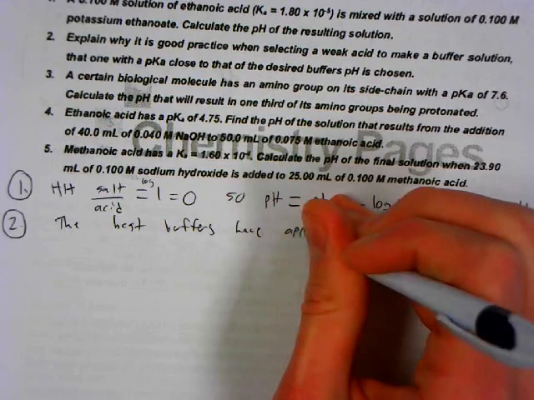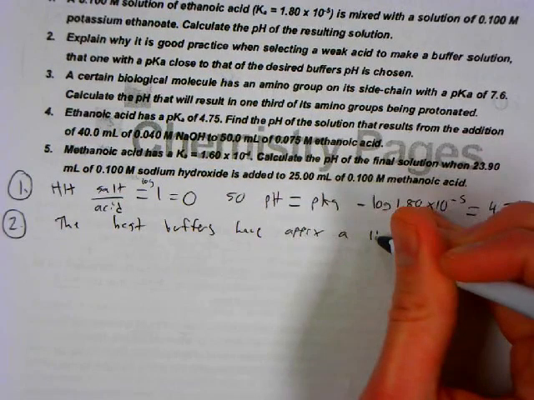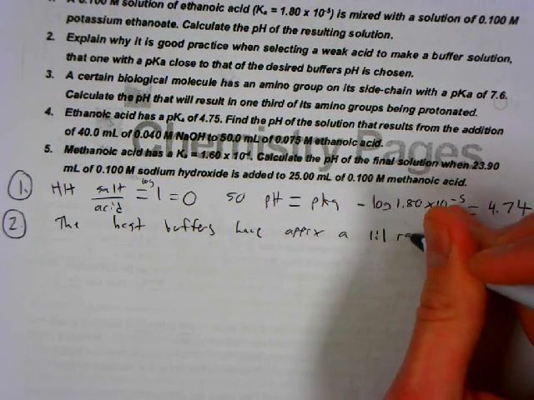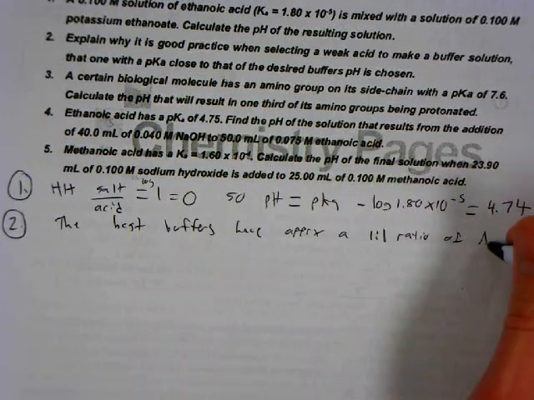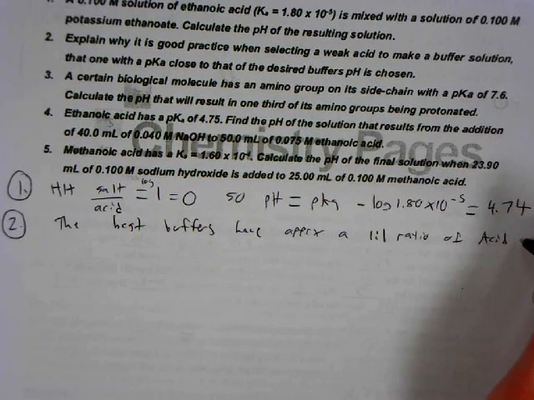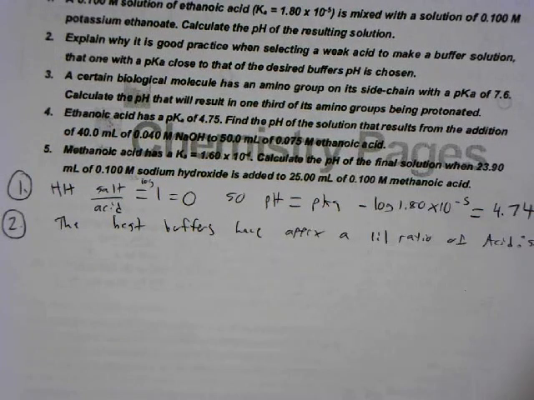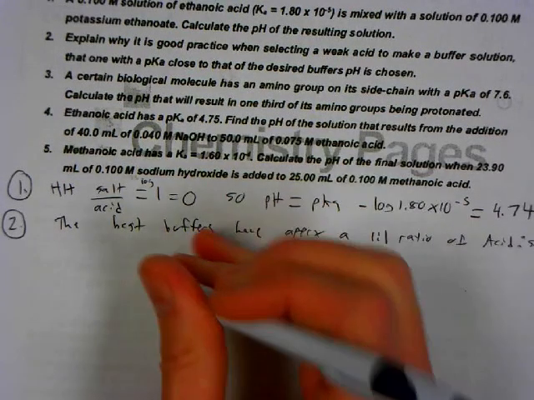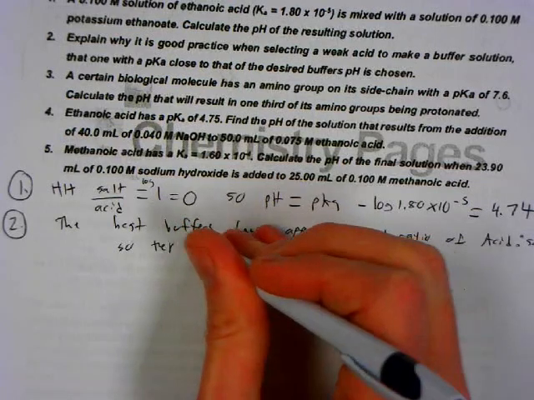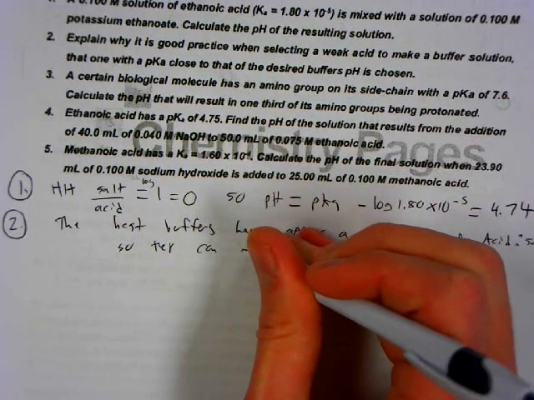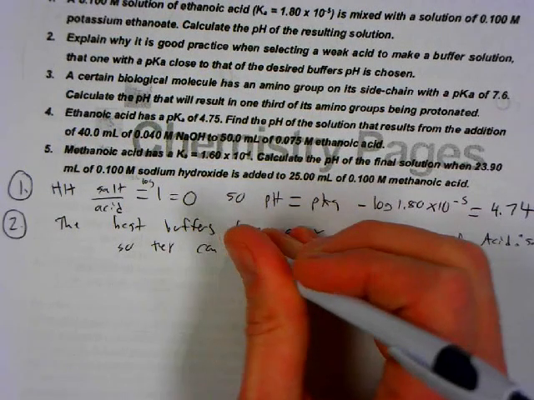I said the best buffers have approximately a 1-to-1 ratio of acid to salt, or base to salt, doesn't matter.